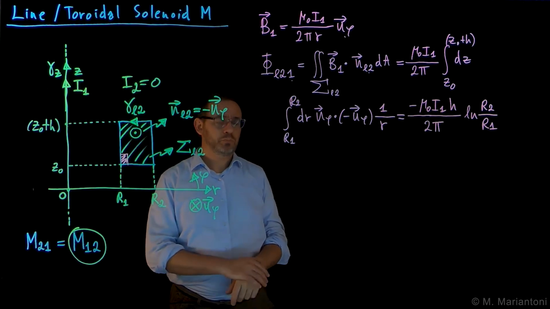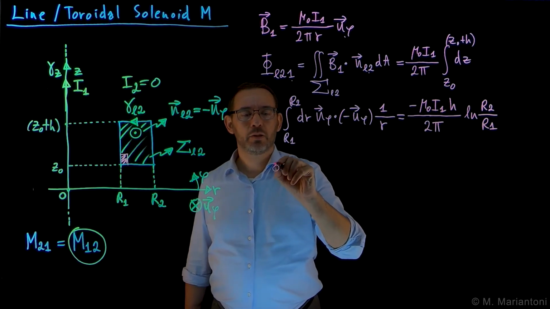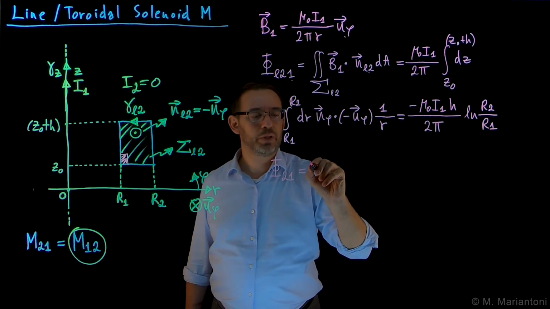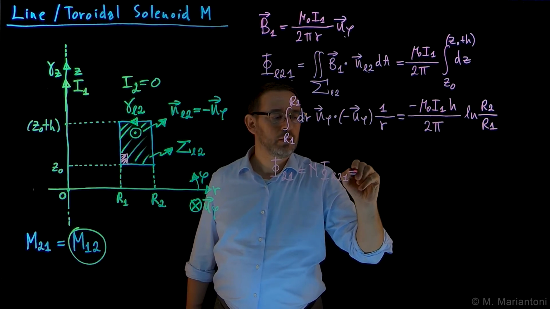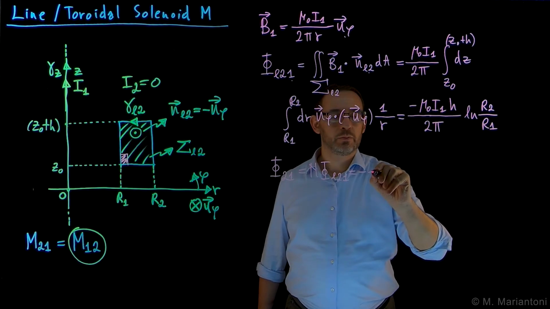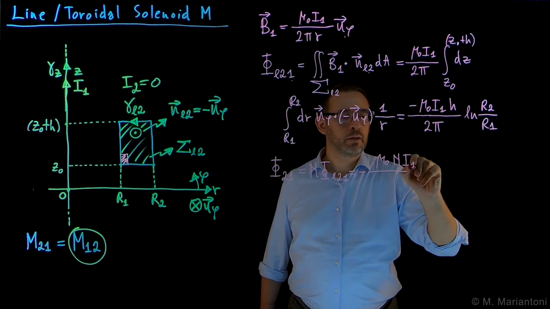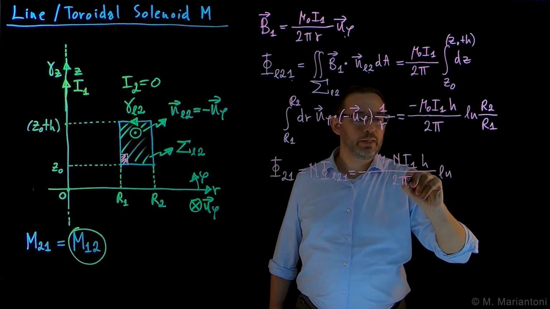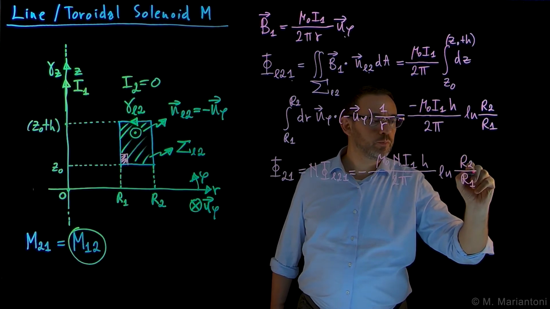Now that we have that, we can easily compute the overall flux associated to 1 with all loops, which is going to be n times phi L to 1. And so this is going to be minus mu naught n I1 h divided by 2 pi natural logarithm of capital R2 over capital R1.